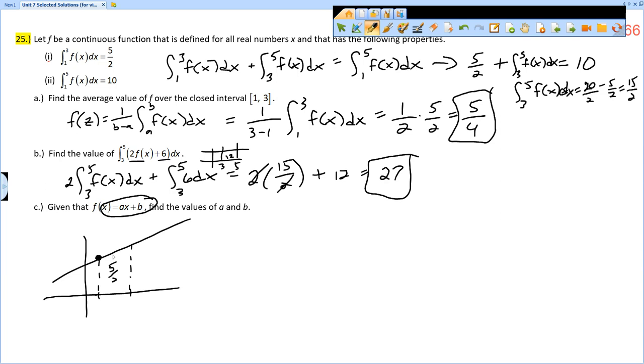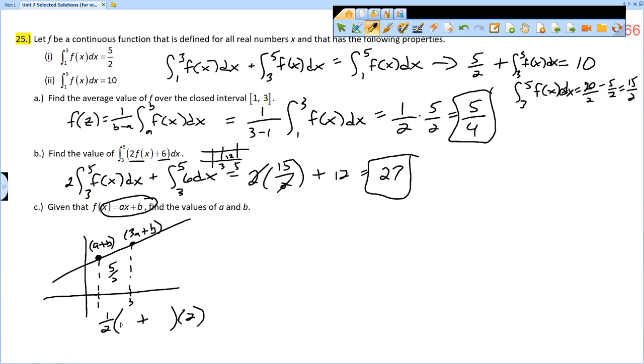We know that the area here would be found by taking 1 half times base 1 plus base 2 times the height. If we're going from 1 to 3, the height would be 2. So what is base 1? Base 1 is found by plugging 1 in for x, so the base would be a plus b. What about this one? We're plugging 3 in, so that would be 3a plus b.